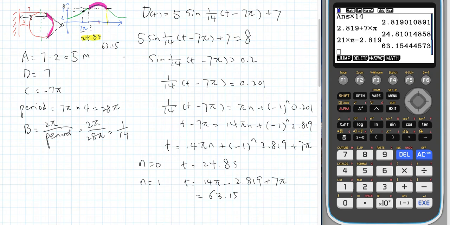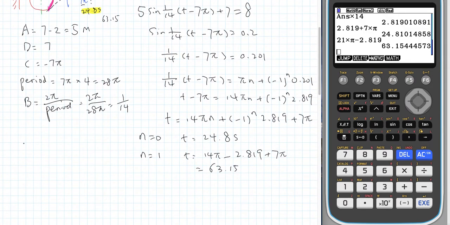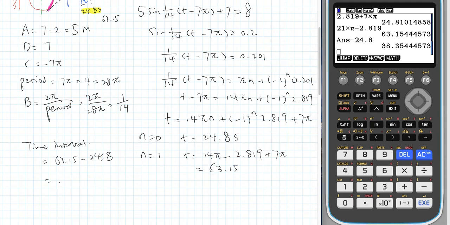So what is the time interval in between this? The time interval for one period is 63.15 minus 24.8, which gives us 38.354 seconds.